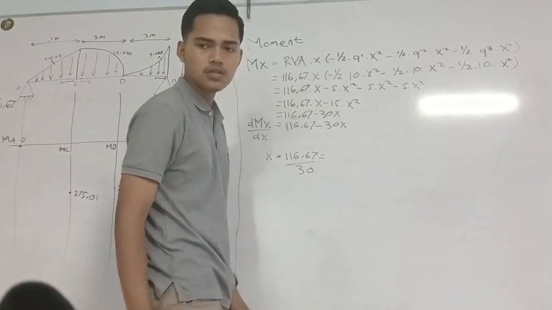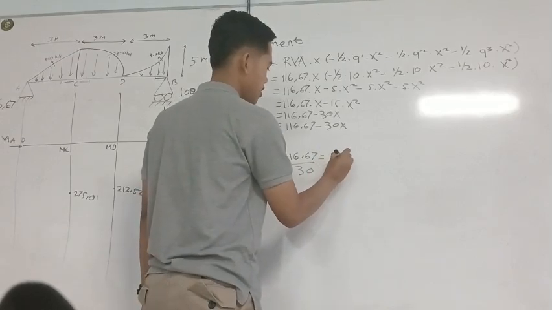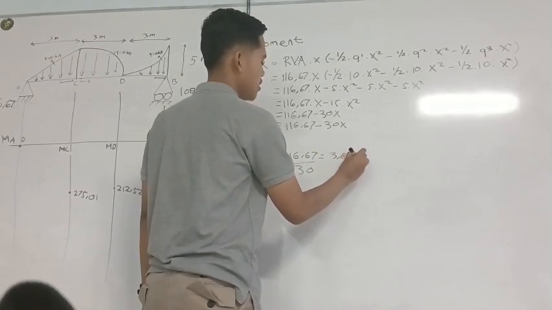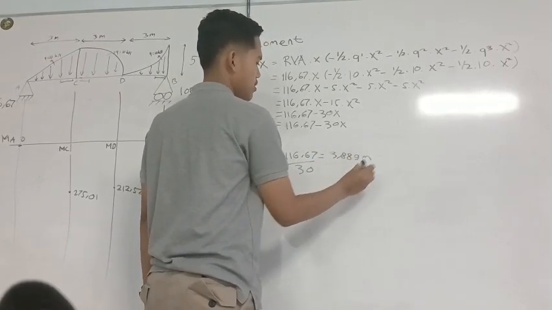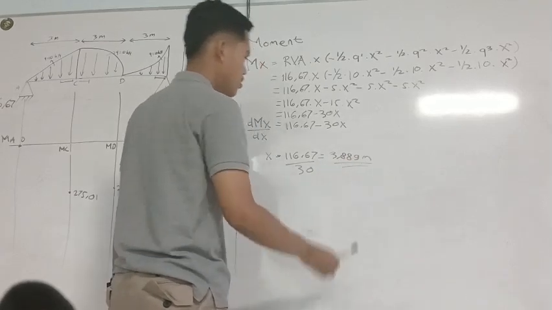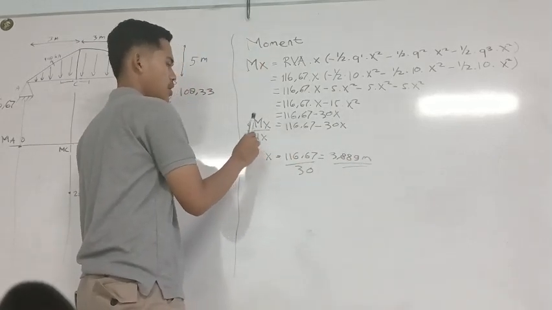So the value is 3.889 meter. So this is the distance for the Mx.